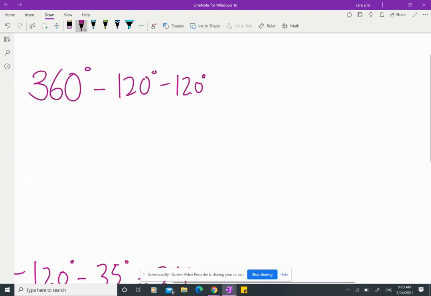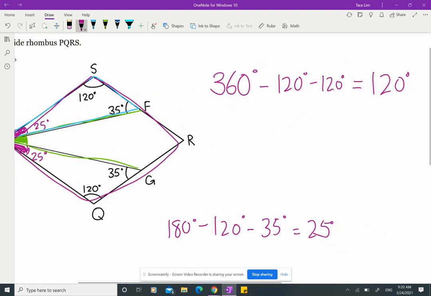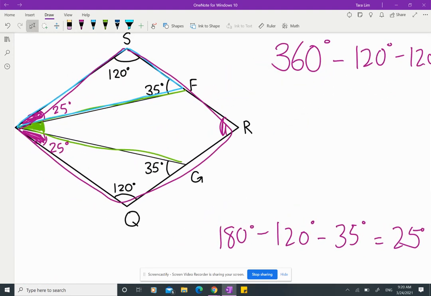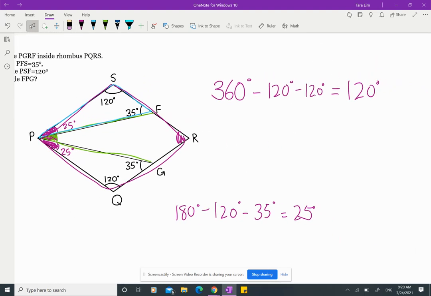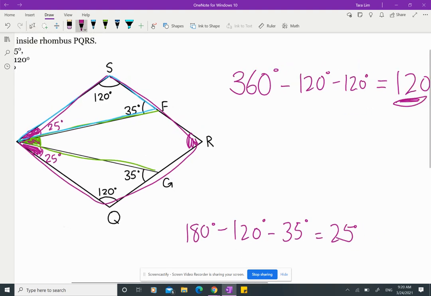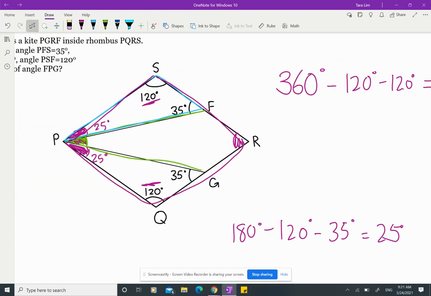That will give us 120 degrees as well. So we know that both of this R and P will add up to 120 degrees, because from 360 we cancel out this one and this one, so we're only leaving R and P, and 120 is equal to R and P, but we don't know them individually.